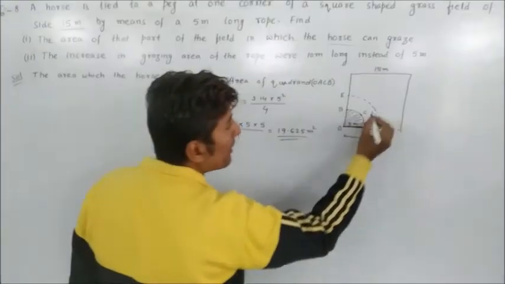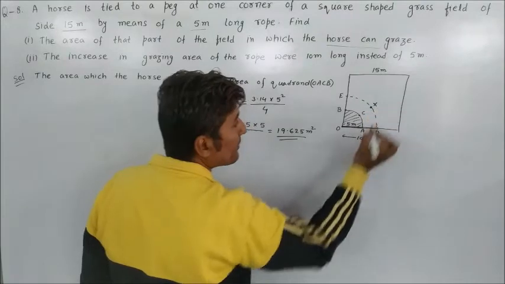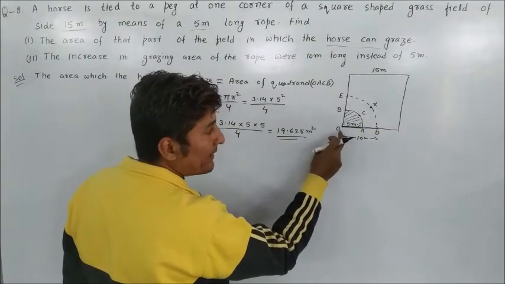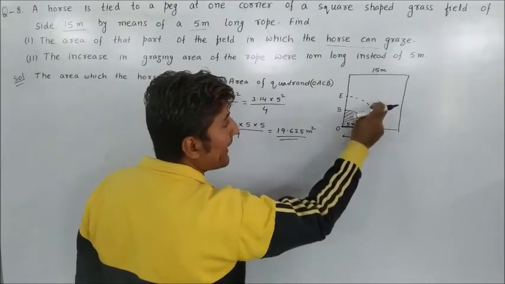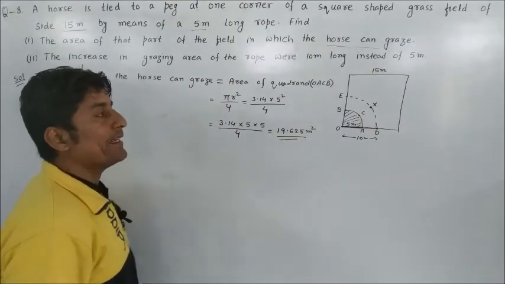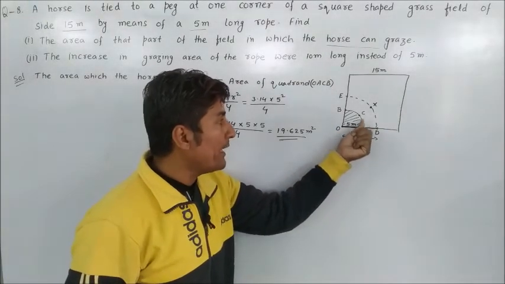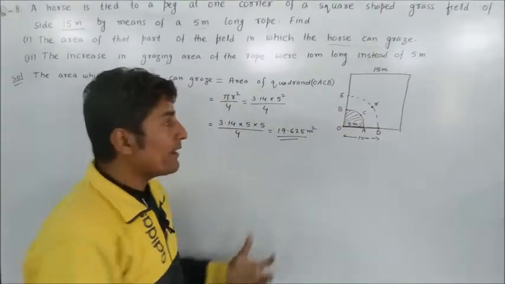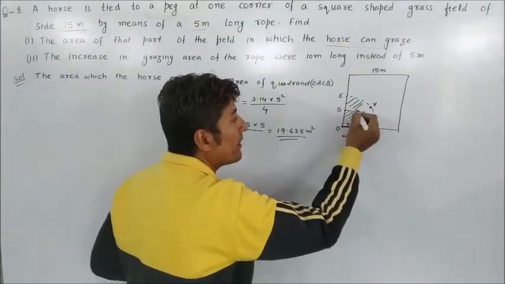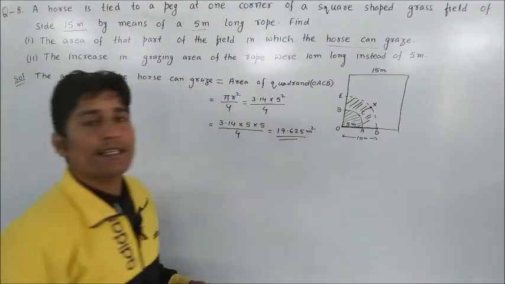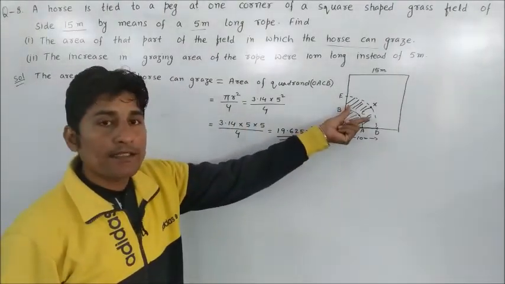So first of all, we can take this point as X also. First of all, we have to find the area of quadrant ODXE. From this area of quadrant, we have to subtract the area of quadrant OACB to get the increase in grazing area.